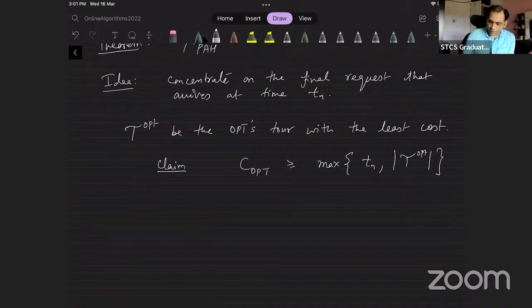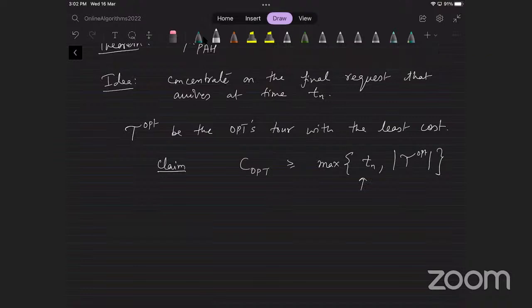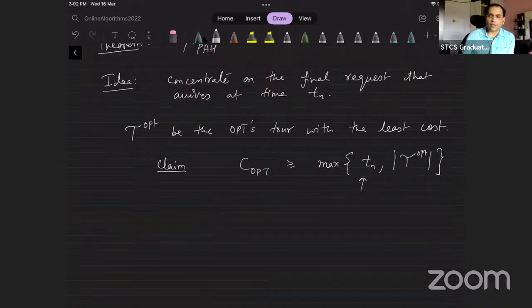That the cost of the OPT is at least Tn or max of Tn and the path length of the path that OPT follows. Yeah. This is because the last request is revealed at time Tn, and after that you have to come back to the origin. So you could not have finished before Tn. And similarly, because you can walk only at unit speed, you cannot get a time which is lower than the path length of the optimal tour. So this is almost an immediate fact.